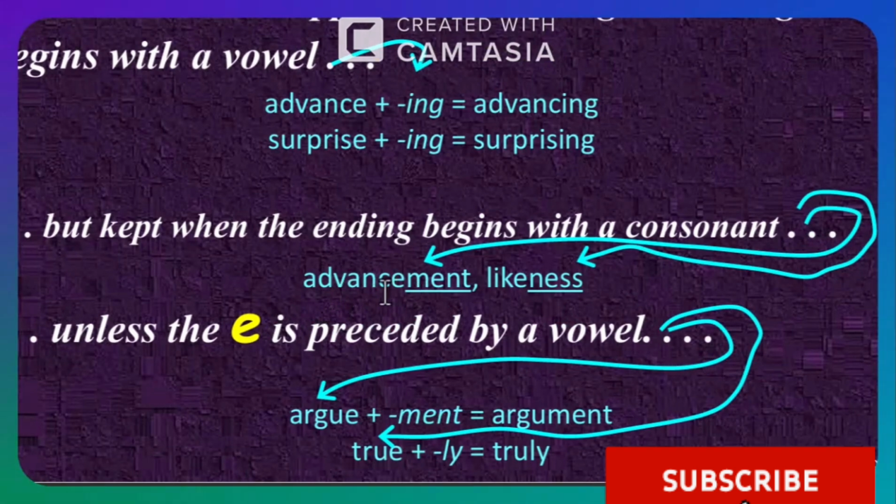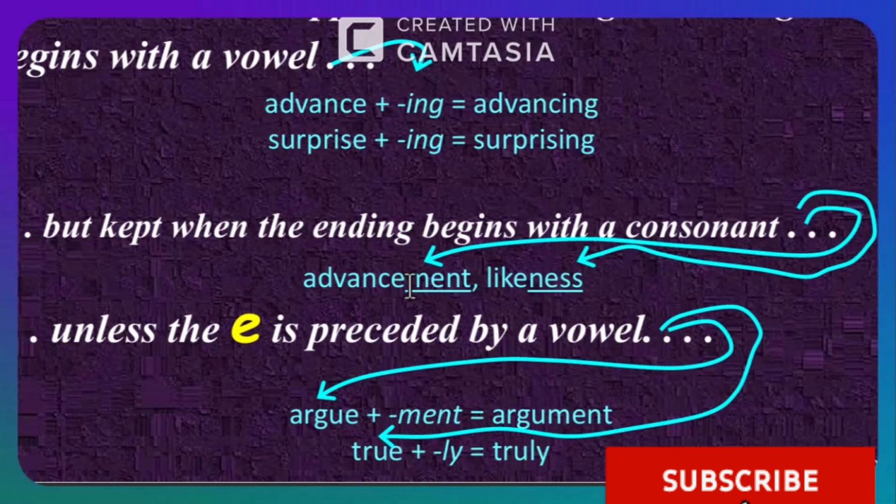Here we have advancement, okay? The prefix that you're adding begins with a consonant. We have the prefix ment, so it begins with M, which is a consonant letter, okay? So in this example, you're not supposed to drop the E letter.